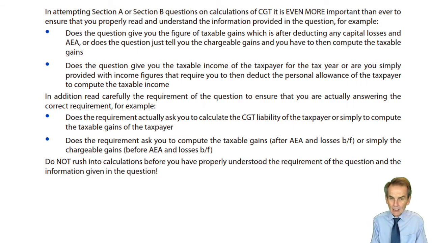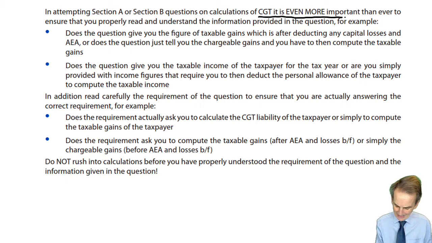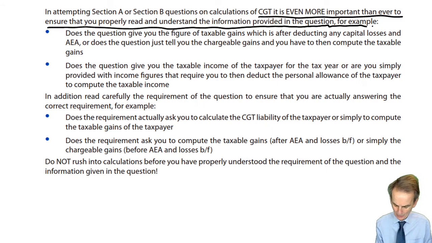So, as you will hopefully have read since last time, we can see here that, again, when we're dealing with calculations of CGT, it is even more important than ever to ensure that you properly read and understand the information provided in the question. Now, here are the typical examples.